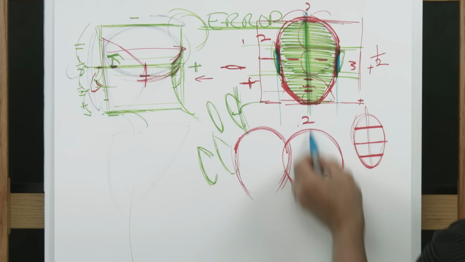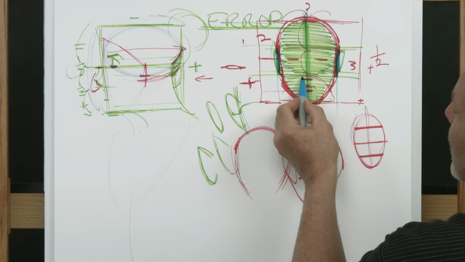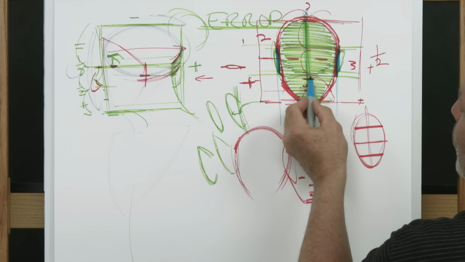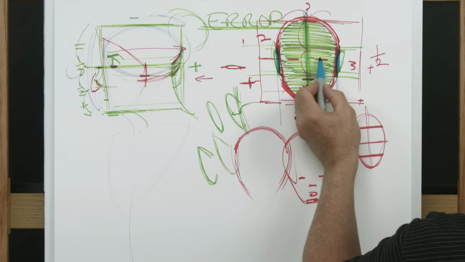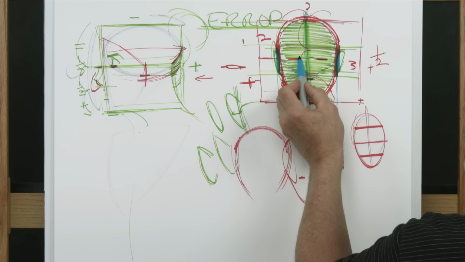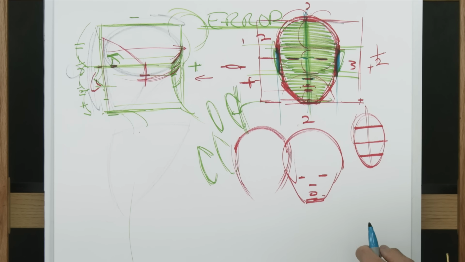We draw an imaginary center line so that we can space the features. We have a little bit of nose on this side, an equal amount more or less on that side. We have a little gap here, then the eye starts. We have the same little gap here, and then that eye starts. So we have that symmetry.